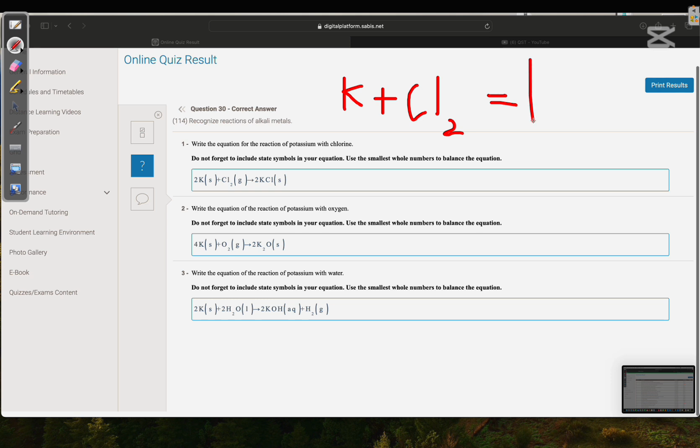Okay, now we're going to have to balance the equation. So here chlorine is 2, so that means we're going to have to multiply this by 2. And now if we multiply KCl by 2, that means we have 2 potassium, which is why we're going to have to multiply potassium by 2 here as well.